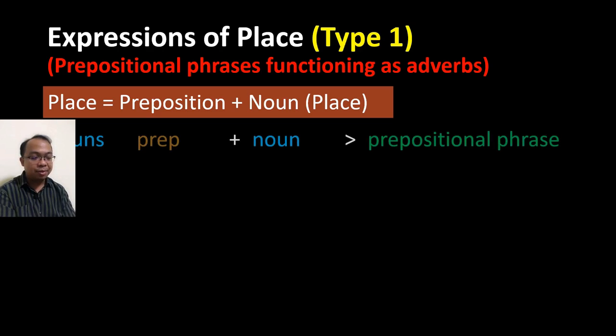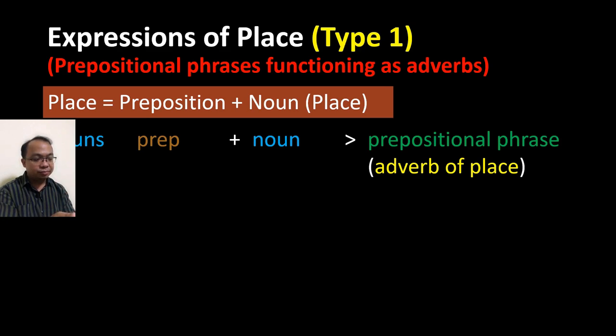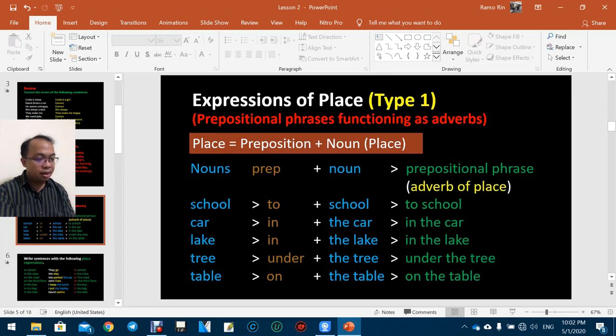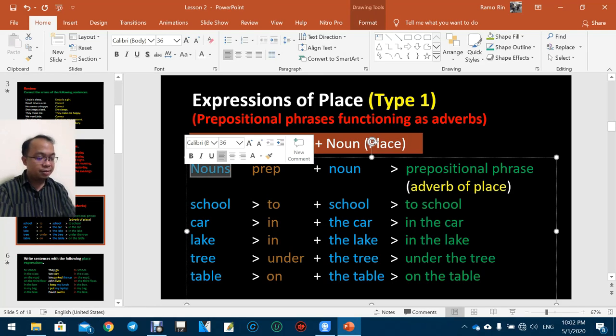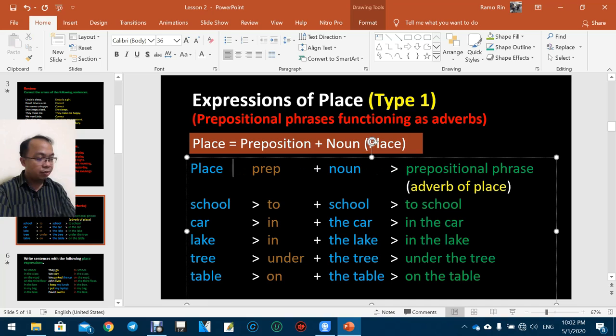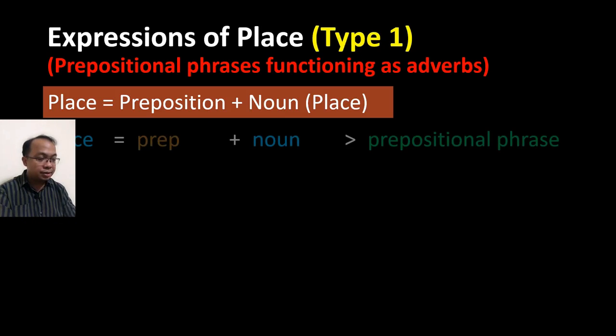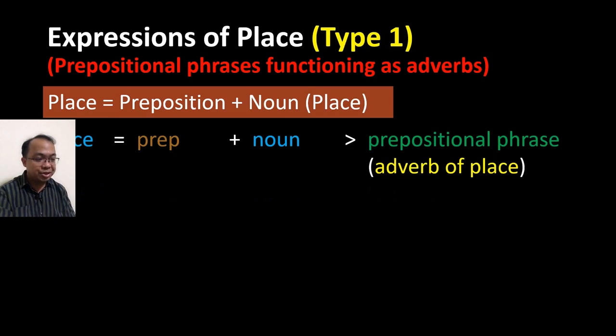Now let's see some examples. Place equals preposition plus noun. The noun has to have a place related meaning.